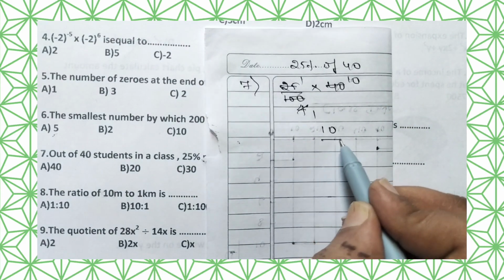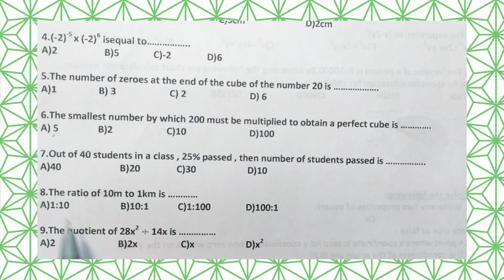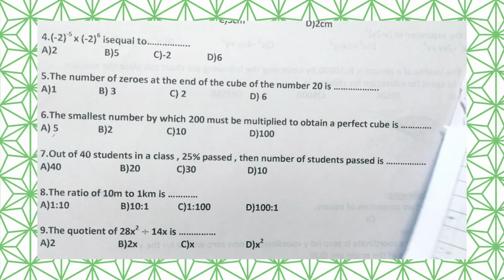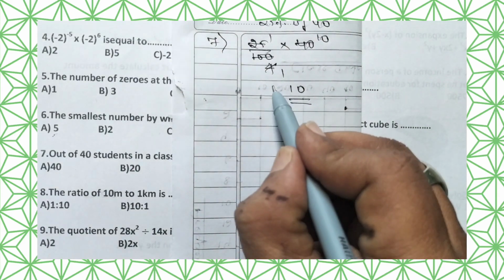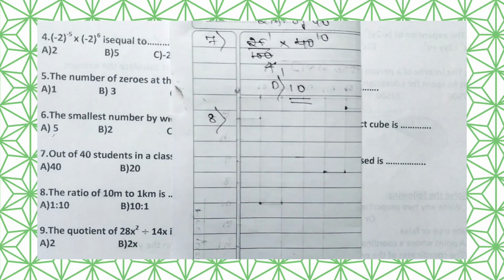So 25% means 10 students passed. So the option is D, 10 is the right answer. Only 10 students passed, so option D, 10 is the answer.